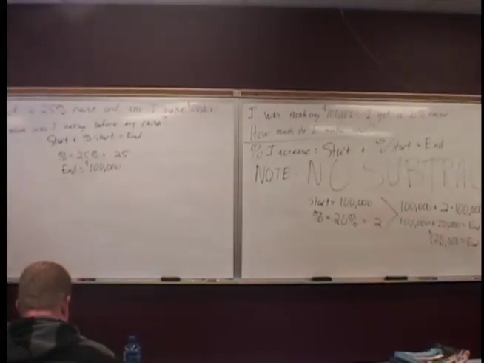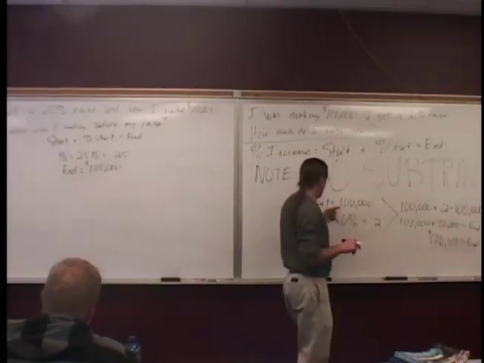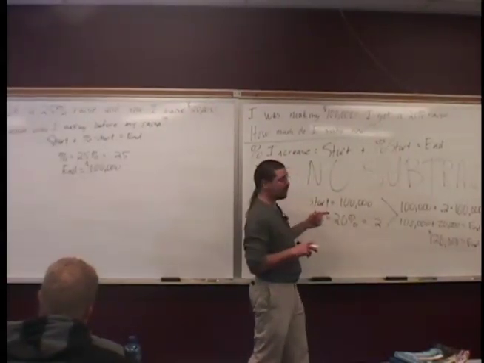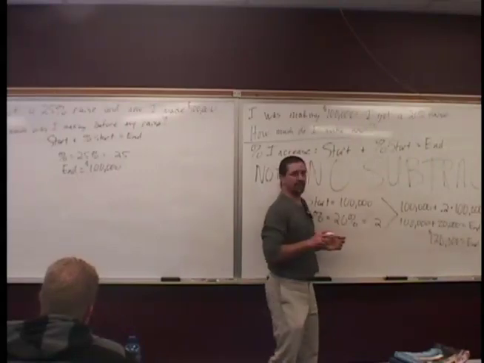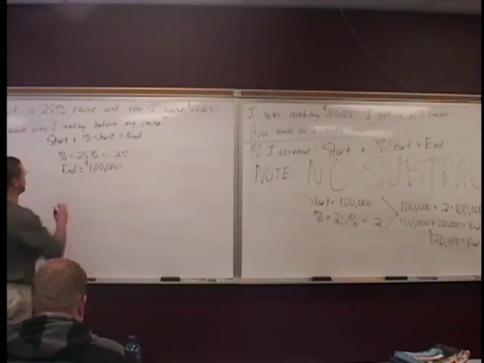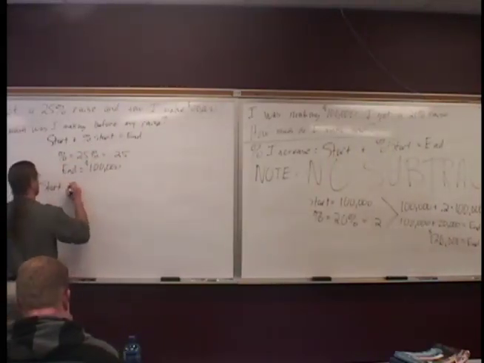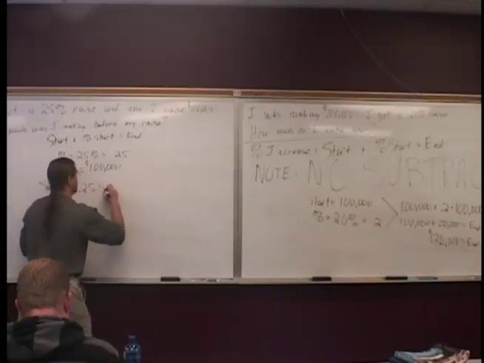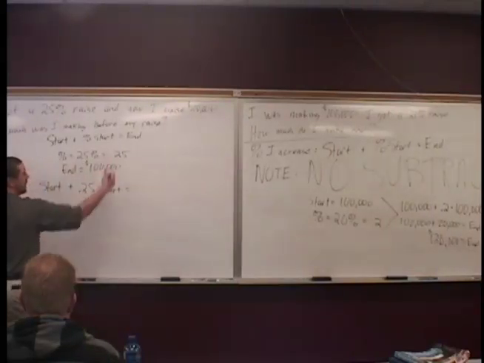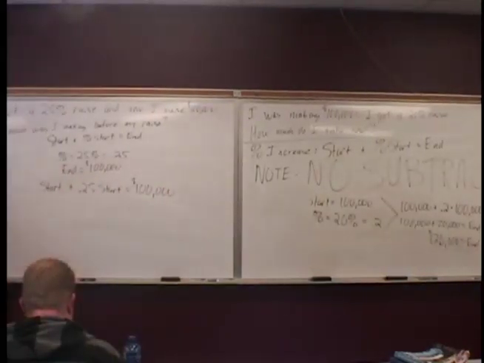The cool part about it is that we still do the same thing that we did over here. Everywhere where you see this variable being used, substitute in the number, same thing with the percent, right? So everywhere where you see percent, put in 0.25, but this time what's missing? The start. And here I substitute in the $100,000. Now here's where it gets a little bit tricky, right?